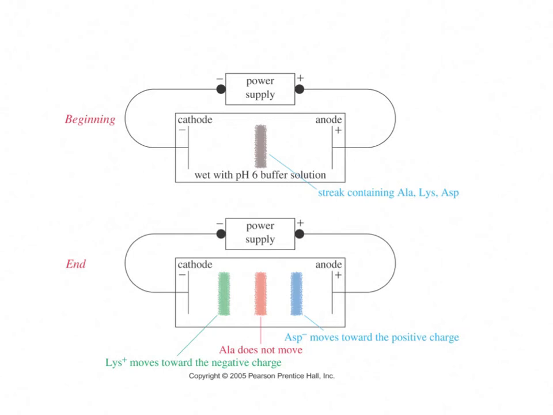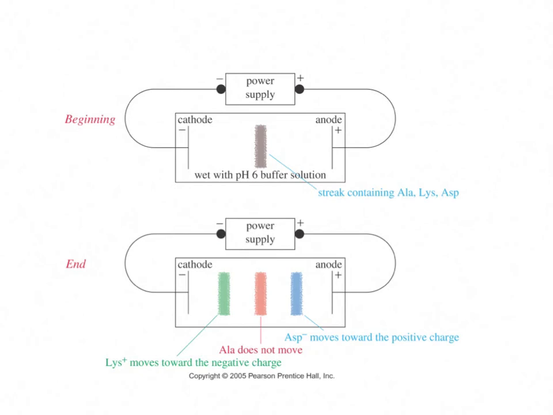You get a gel, you smear a stripe of the mixture in the buffer on the gel, and then you have a cathode and an anode that you hook to a battery source. And you apply an electric current. Since some of the ions have charges, some will be attracted to the anode, some will be attracted to the cathode. Neutral ones aren't attracted to either, right?